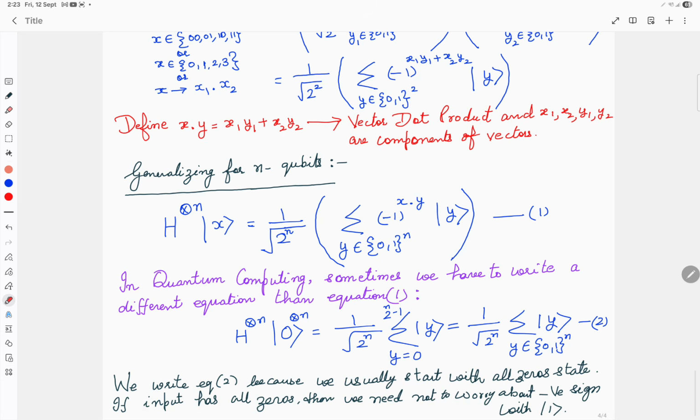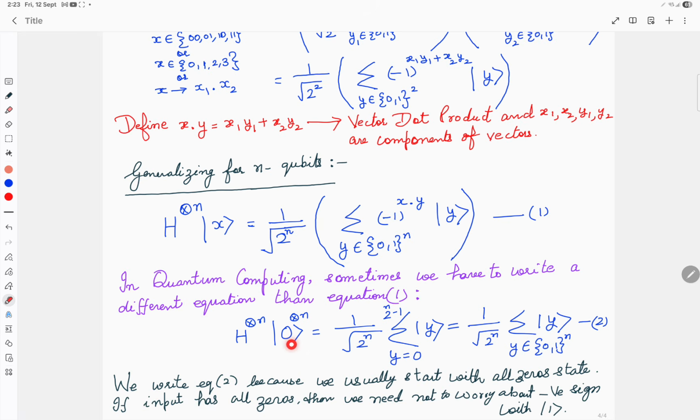Now in quantum computing, sometimes we have to write a different equation than this equation number 1. We write this equation because we usually start with the all zero state. Normally the quantum system is initialized with the all zero state. So that is why we write a simpler form of equation number 1.